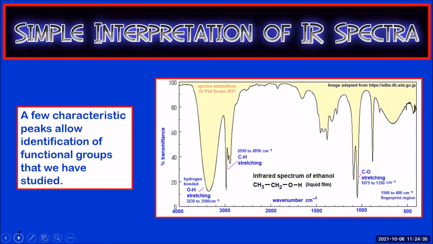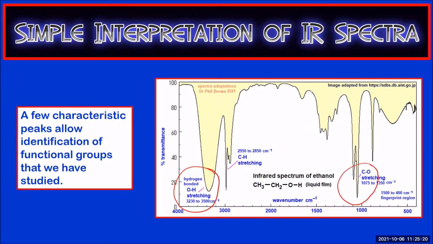We're going to look at some really simple interpretations of infrared spectra now. There's a few characteristic peaks that allow us to identify various functional groups. A big broad trough at about 3,200 to 3,500 centimetres to the -1 is a hydroxyl group. A strong sharp trough at about 1,075 to 1,350 is a carbon to oxygen stretch.